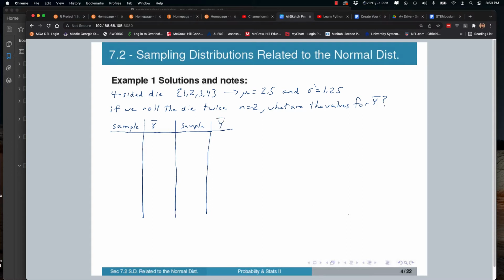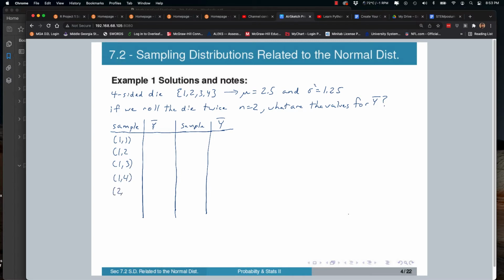All right, y bar. So easily enough, we could start at 1 and we could roll a 1 on the first, a 2 on the second roll, a 1 and then a 3, a 1 and then a 4, and a 1 and a 1. I forgot that one. I usually like to list that one first. 1 and 1, 1 and 2, 1 and 3, 1 and 4.